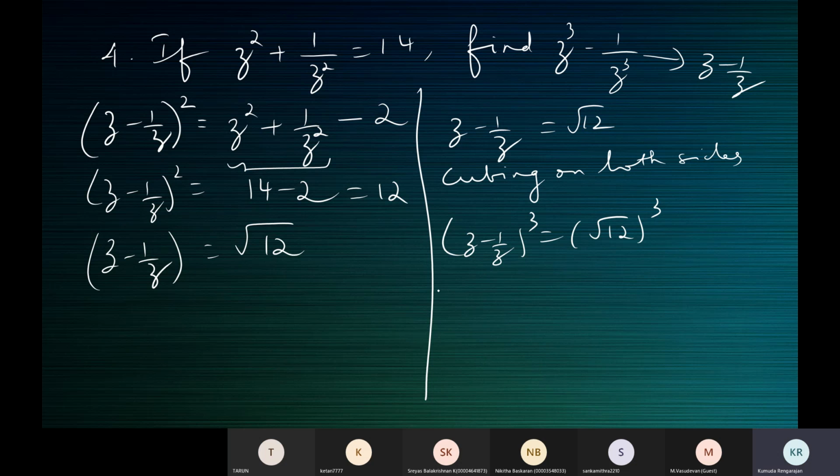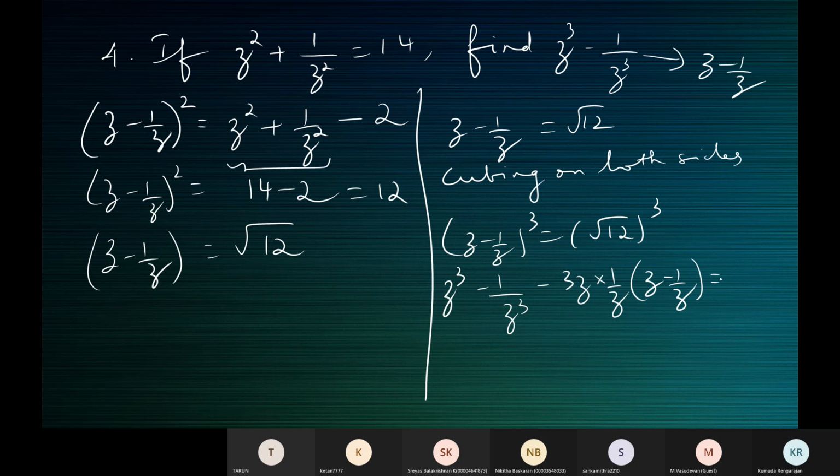A minus b, the whole cube is equal to a cubed minus b cubed minus 3ab into a minus b. What is root 12 the whole cubed? Root 12 into root 12 into root 12, which is 12 root 12.